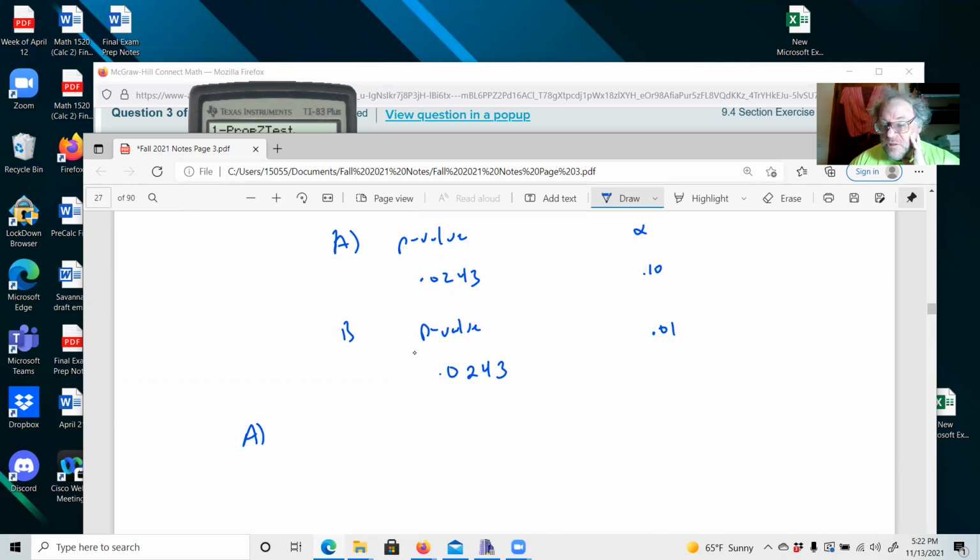So 10% versus 2%. This is the cutoff for unusual. If it's less than this, it's unusual. Well, that's unusual. So we're going to say p-value is less than alpha. Therefore, we're going to reject the null hypothesis, reject H0, because this is an unusual event. It demands an alternative explanation.